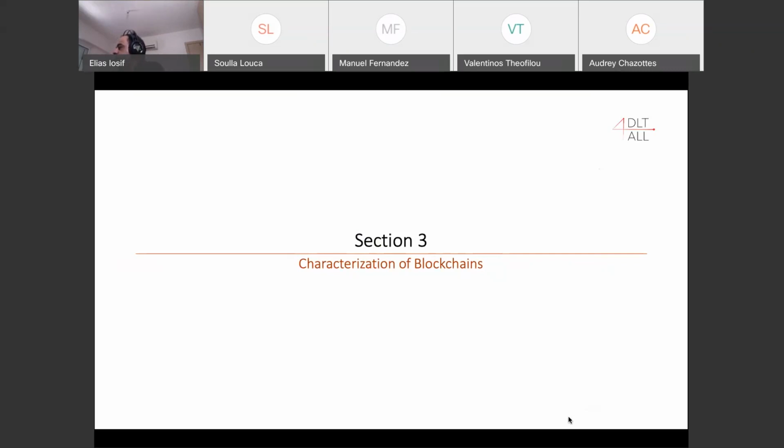For example, do you believe that only the Bitcoin blockchain is appropriate for solving every type of problem in the industry, let's say the supply chain industry?